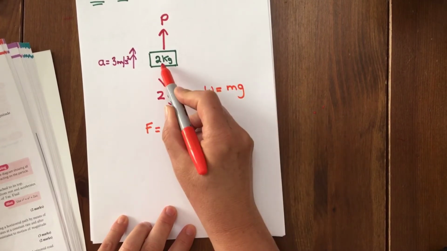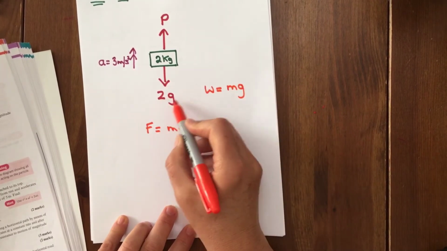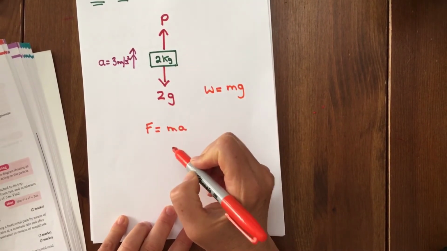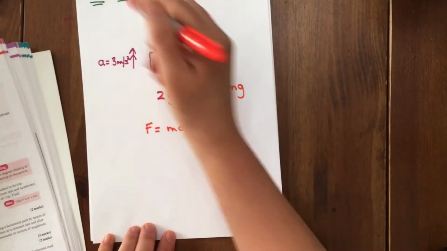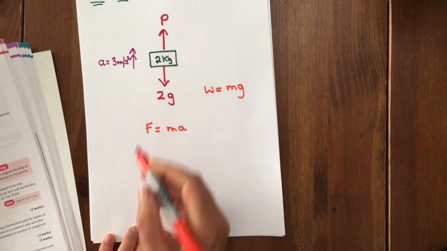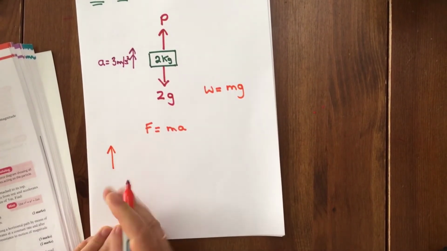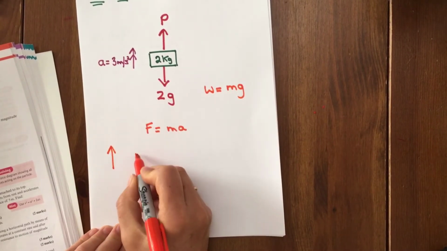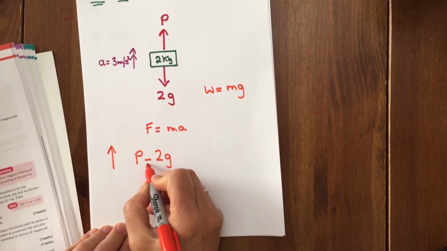So the mass of the object is 2, so the weight coming downwards is 2g. So if I do what's called resolving vertically, I've got P going upwards and 2g going downwards.